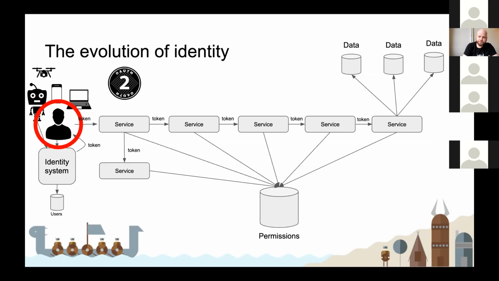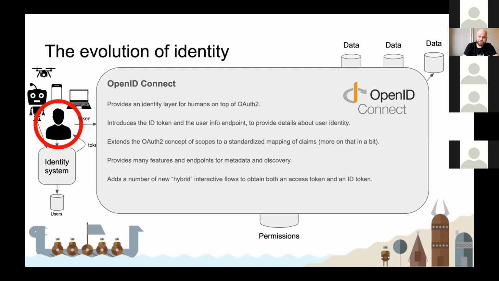Of course, again, OAuth didn't say much about what a token is, and neither does it say much about what a user is. So in order to formalize that, OpenID Connect adds an identity layer on top of OAuth.